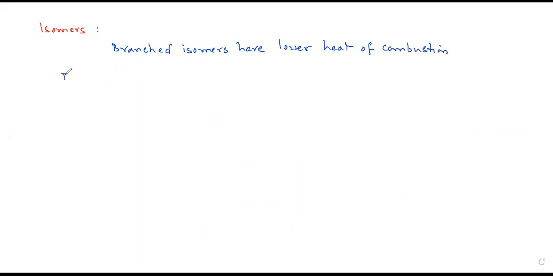If you consider isomers, in case of isomers, you know the branched isomer will generally have a lower heat of combustion. Let me give you an example.